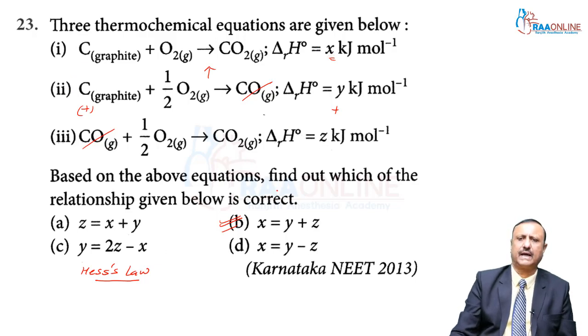So, my dear students, X, the heat evolved in one step, is equal to the heat evolved in two steps. This is verified by Hess's law. So for question 23, you get the answer B. This question was asked in NEET 2013.